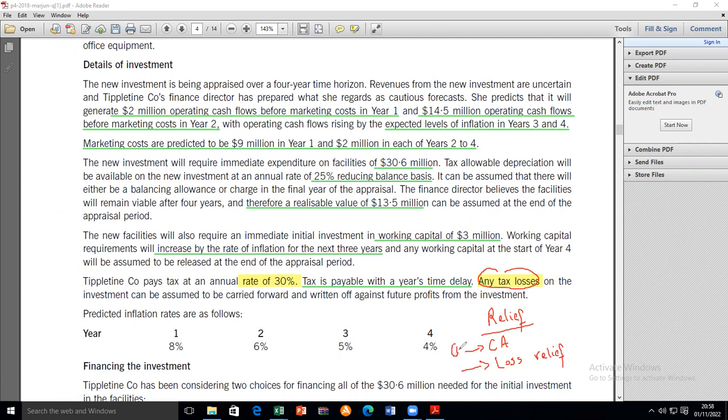So within the table, remember that in our approach, in our model, we've got a table. Within that table, you need to ask yourself, how do I arrange the table? How do I bring in losses?